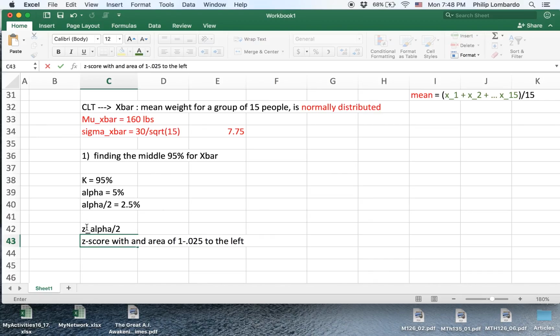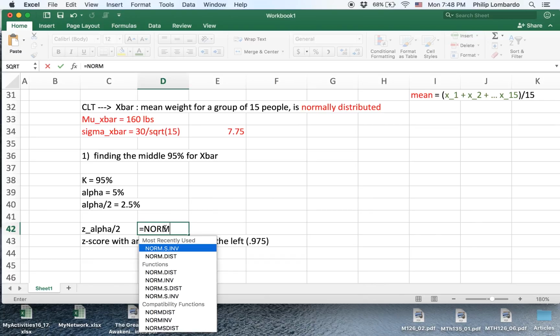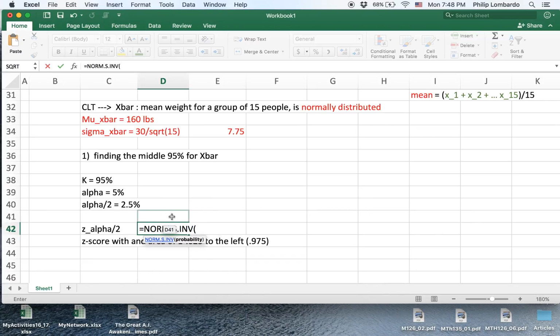So in other words, 0.975 is to the left. So we use our normal approach, NORM.S.INV, right? This goes from a probability to a score. The left-hand probability we plug in here is 0.975. And since we use the .S, we make sure that we're getting a z-score.